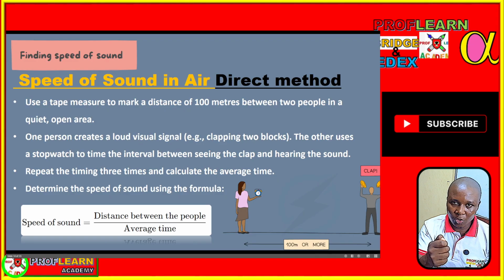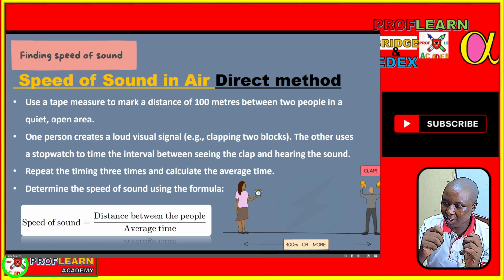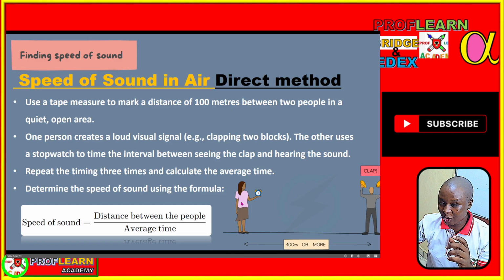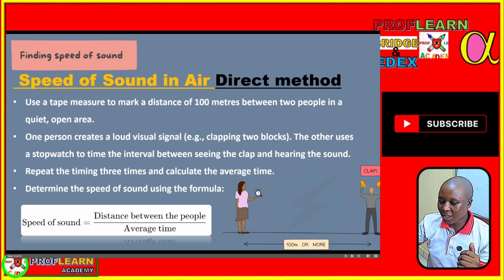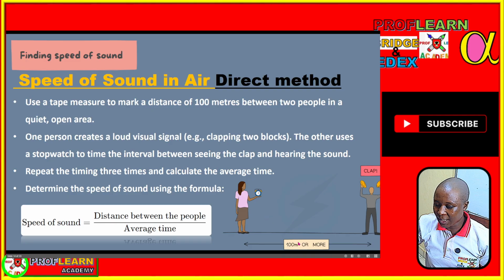One person starts a stopwatch immediately he sees the two pieces of wood hitting together, and the other stops the stopwatch immediately she hears the sound. Then she repeats this 3 times and finds the average time. Then to find the speed of sound, the total distance, which is 100, divided by the time taken.